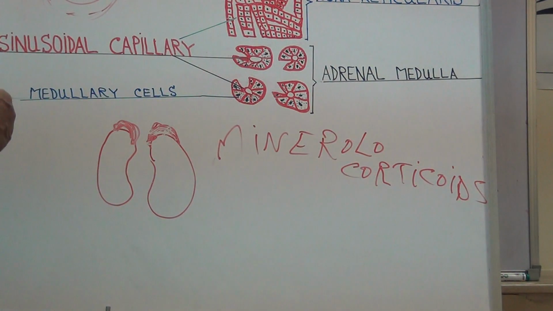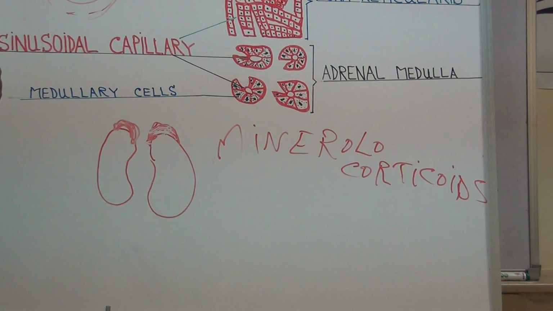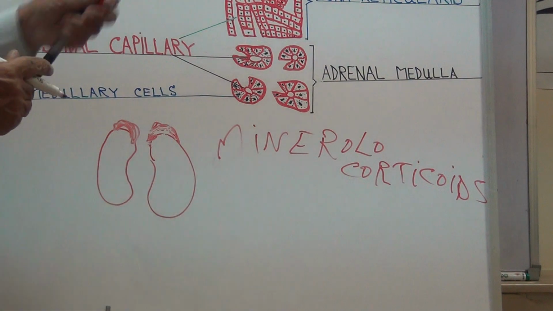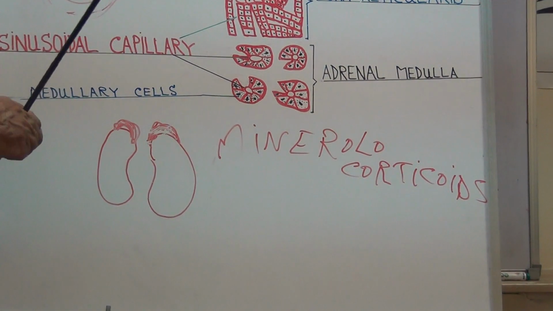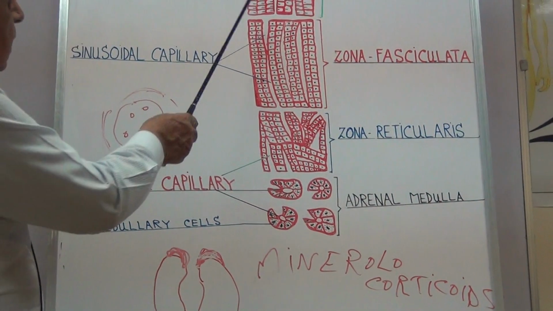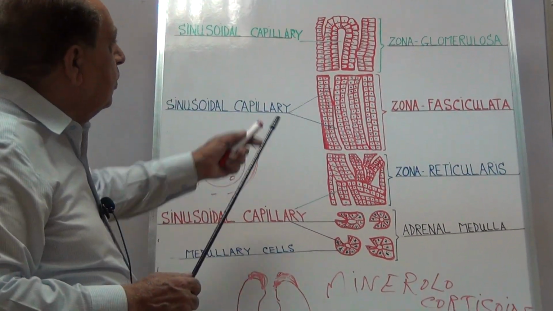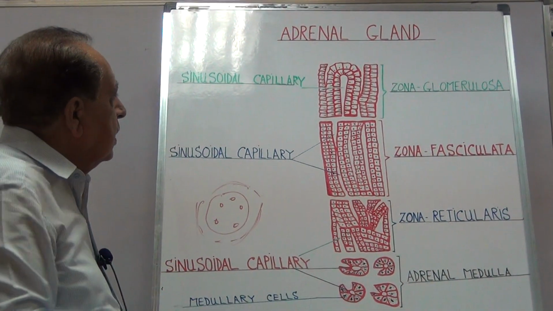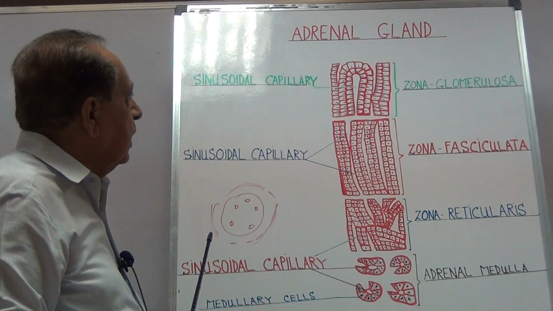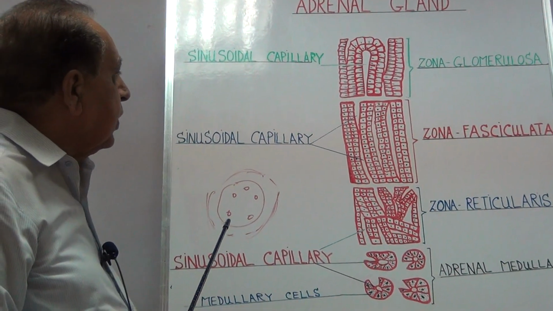Mineralocorticoids are secreted by the zona glomerulosa, and this layer also has few lipids in between the cells.